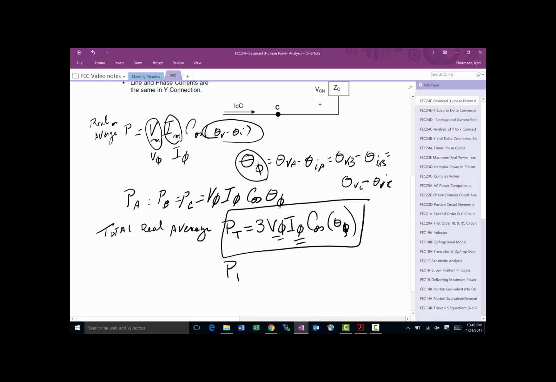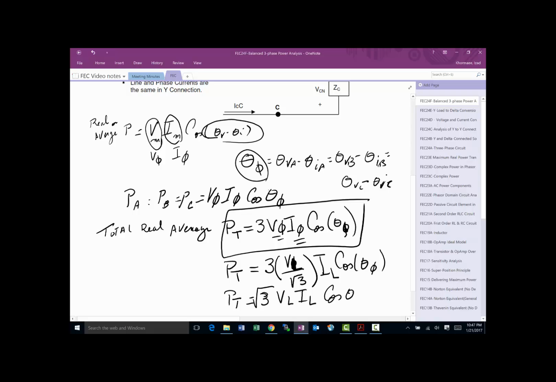So we can write this in terms of line voltage and line current: V of line over square root of 3 is equal to V phi, and I of phi and I of line are the same thing for a Y connection, and cosine of theta phi stays the same. So you could write P total as square root of 3 V line I line cosine of theta. That's another way of writing the total power.